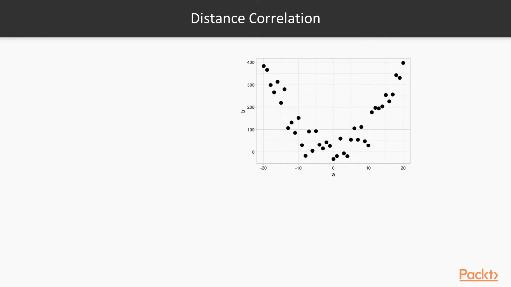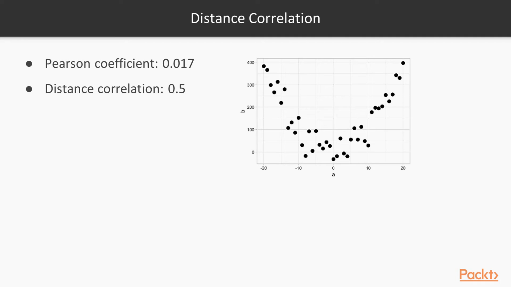It turns out that the Pearson coefficient on them is equal to 0.017, which is really not that high. This means that Pearson coefficient can detect on this data only a really light and almost insignificant correlation. Let's try now to compute the distance correlation. Well, distance correlation for these same data results equal to 0.5, which is a way higher correlation.